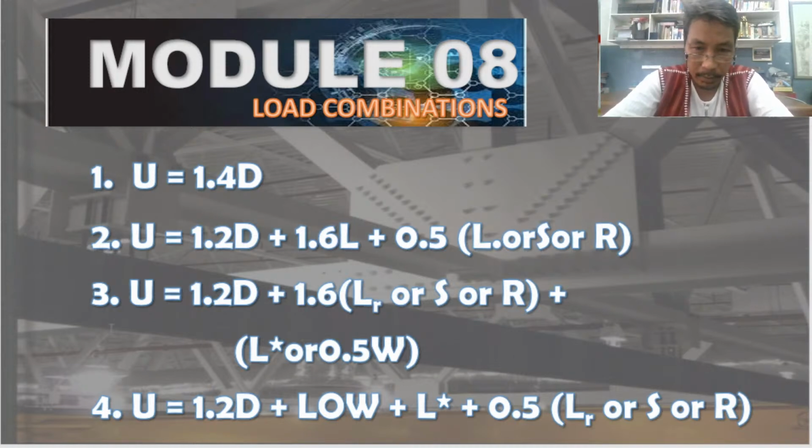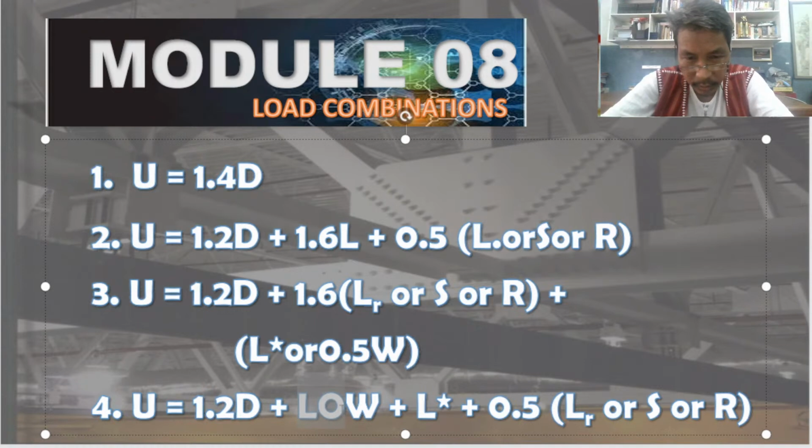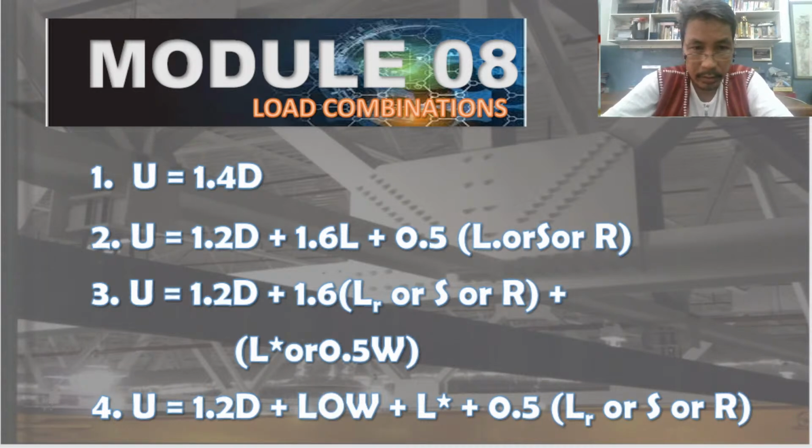Number 4, required strength is equal to 1.2 D plus, this is 1.0, this is not low, this is 1.0. Let us check this out.